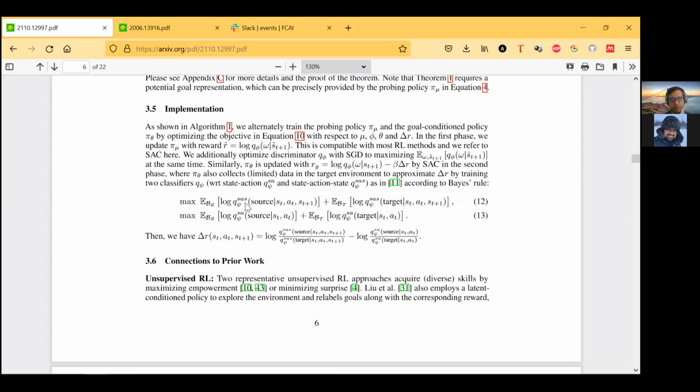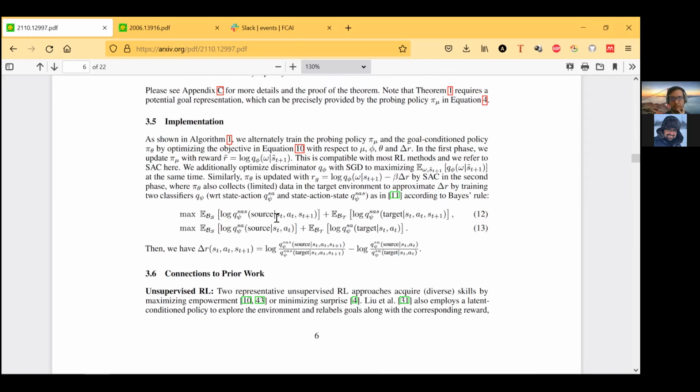One discriminator takes as input state, action, and next state, and predicts whether it comes from the source or the target. And the other discriminator will only take state and action, and does the same thing of predicting whether it comes from the source or the target.